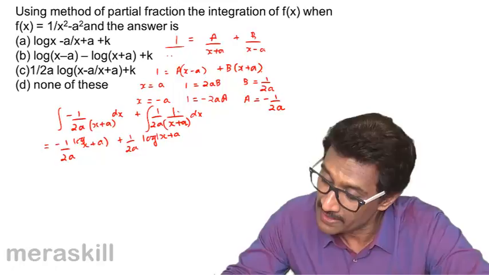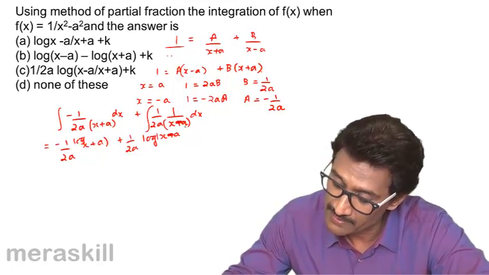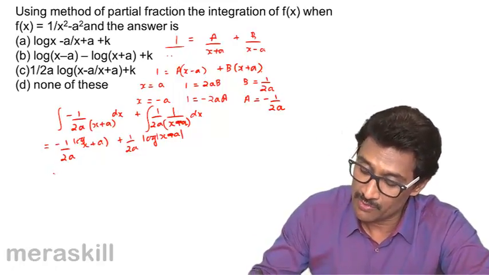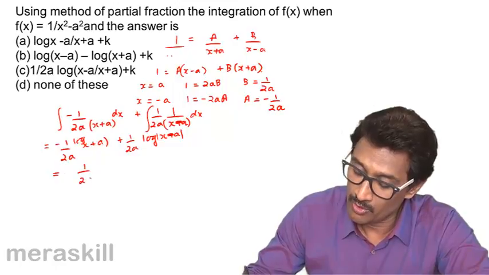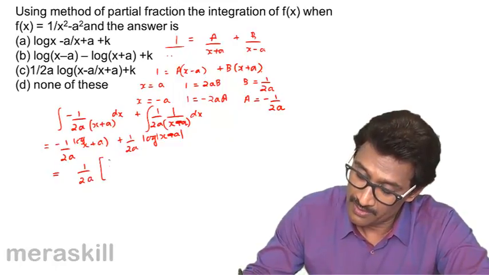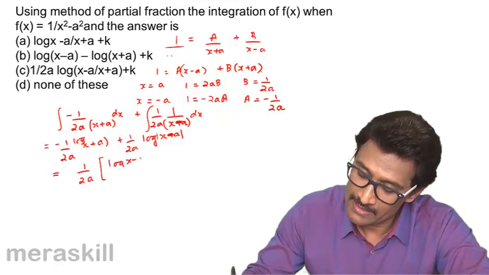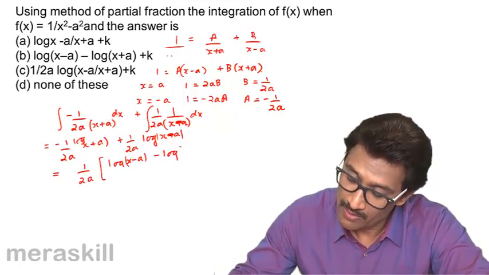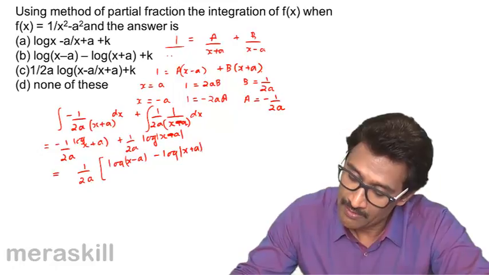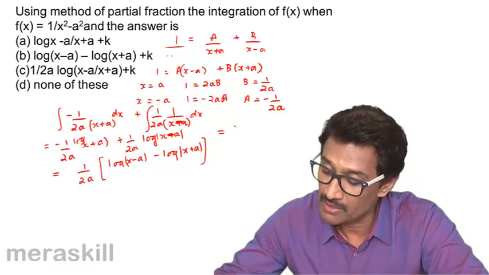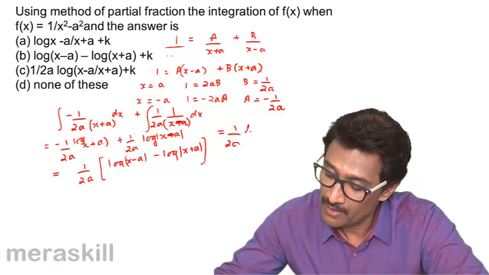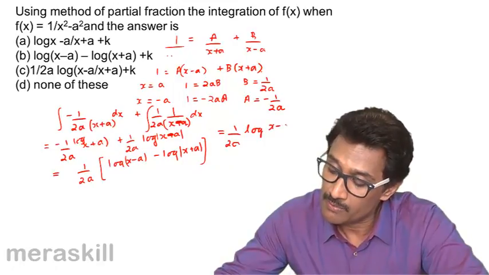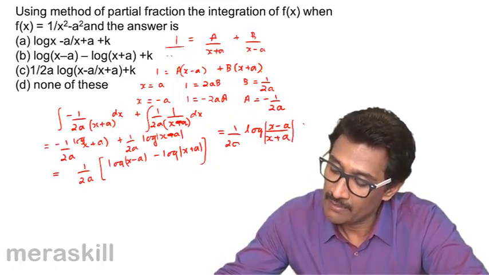So this eventually would be nothing but 1 upon 2a into log x minus a minus log x plus a plus c, which is going to be nothing but 1 upon 2a into log x minus a upon x plus a plus k.